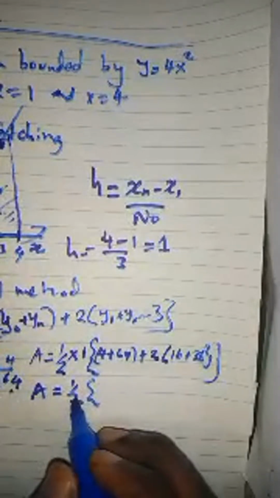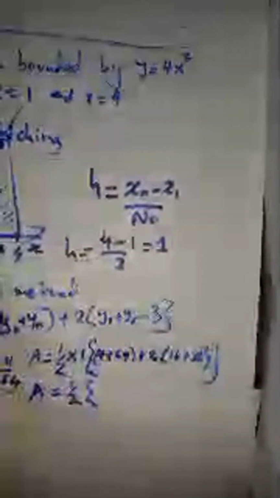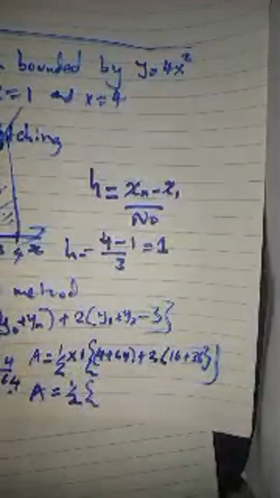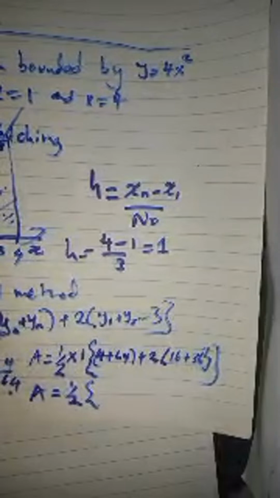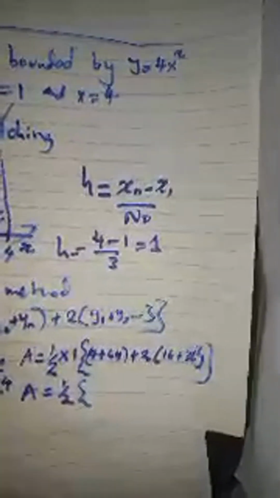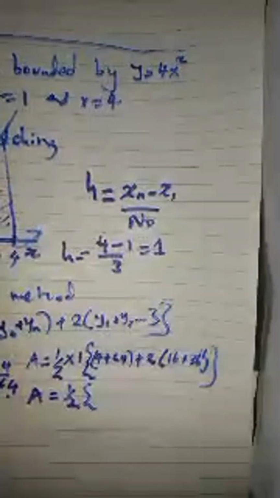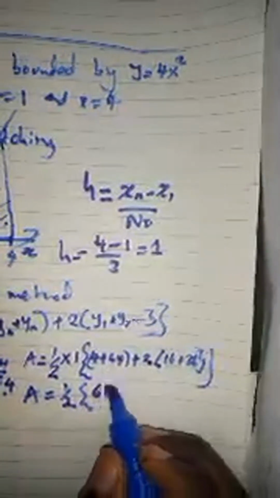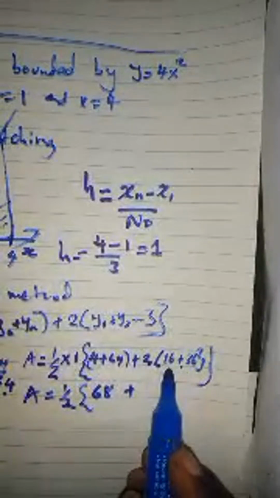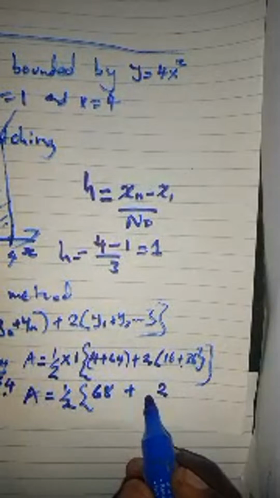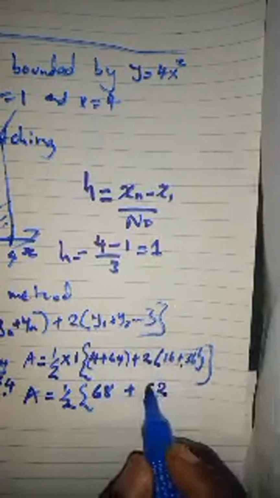So I have a half times 1, which is just a half. Four plus 64 is 68, and 16 plus 36 is 52.